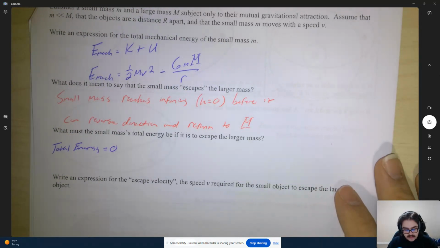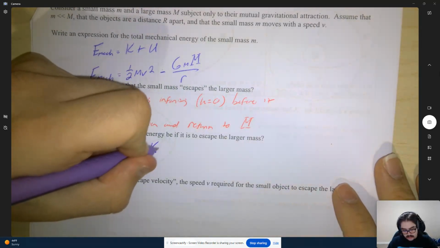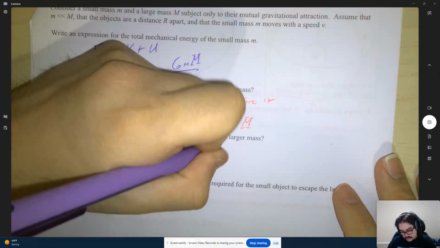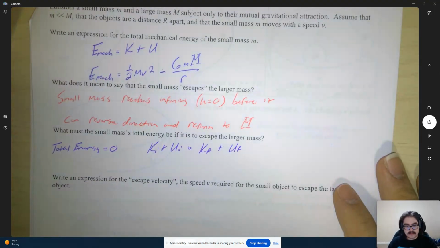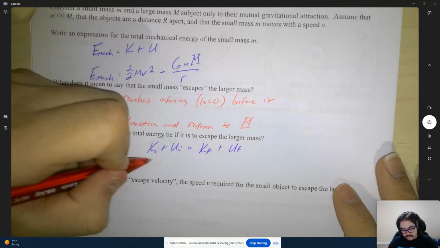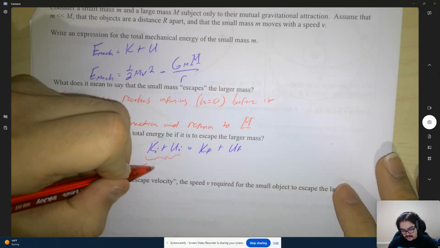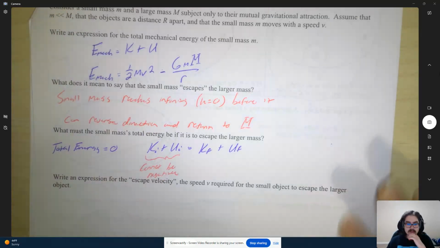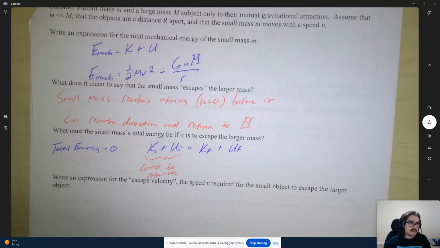The reason is that if I look at kinetic initial plus potential initial equals kinetic final plus potential final, the whole left side cannot be negative, because that's the total amount of energy that you start out with. You have to have some amount. It can be 0, but it cannot be negative. You cannot have negative energy.